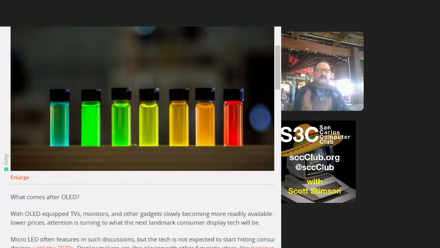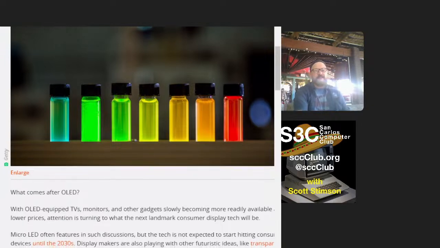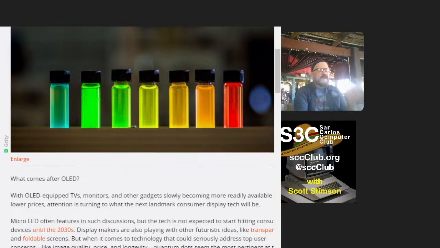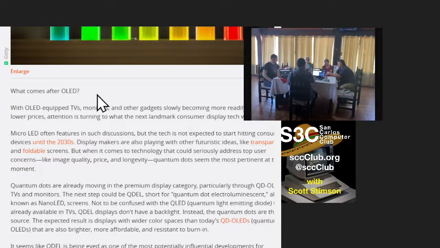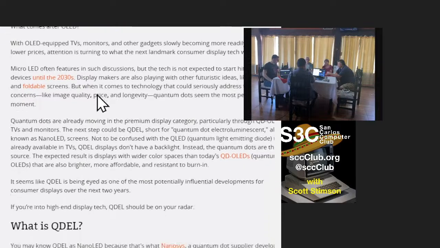And so this article is talking about the process they've come up with for making Q dots. Oh, and Q dots, we didn't talk about that, but that's in Samsung TVs right now. They're selling it as QOLED or QD or something like that. I don't remember what that's called at the moment. It's in this article somewhere.